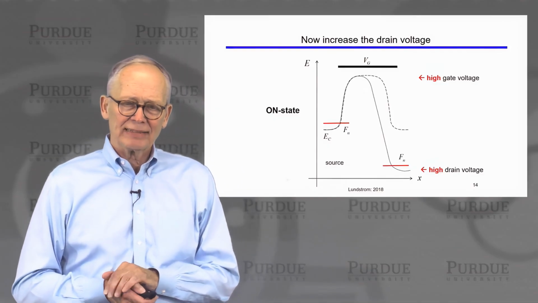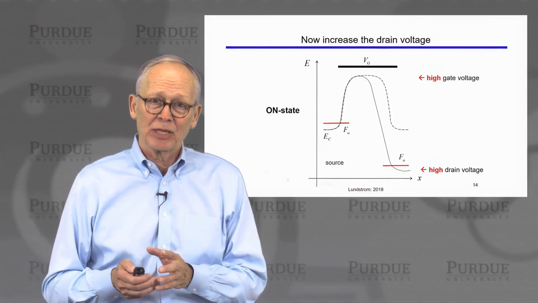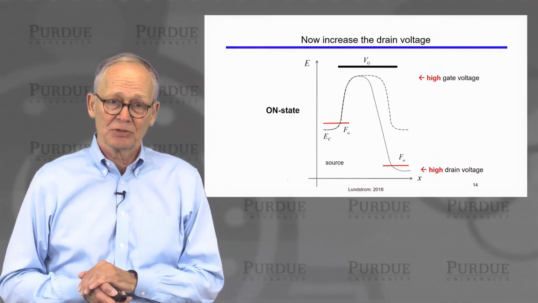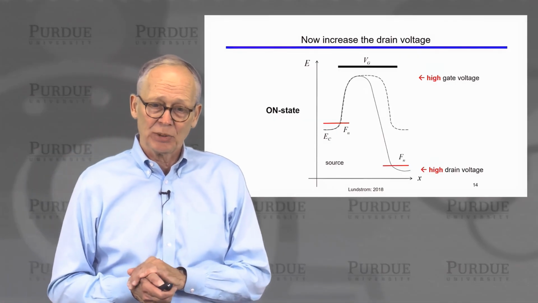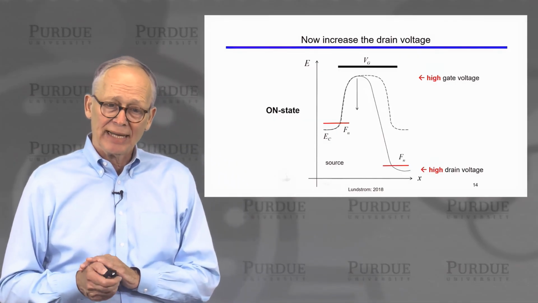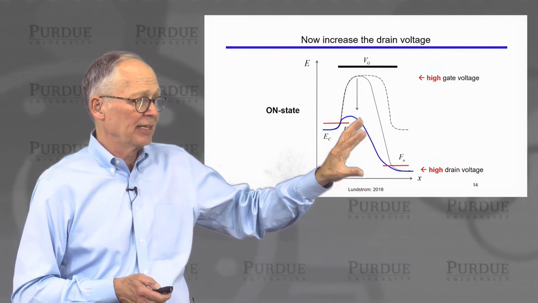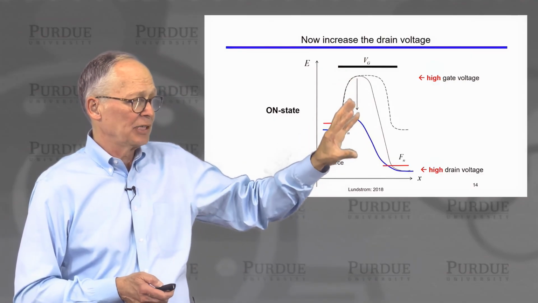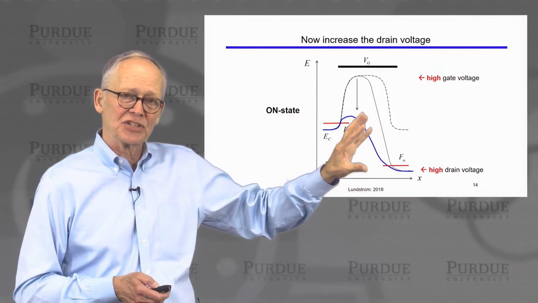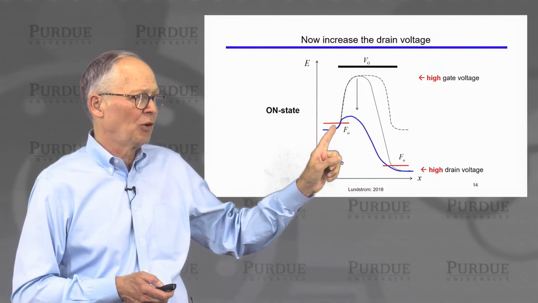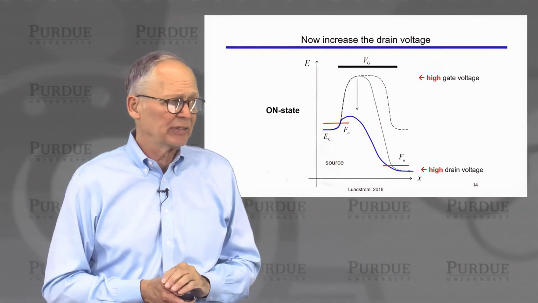Okay, now let's ask ourselves what happens if we apply a very large voltage to the drain and to the gate as well. If we apply a high gate voltage, that'll pull everything down. The high gate voltage has pushed the energy in the channel way down so that we have a small barrier. Electrons can easily hop over it.